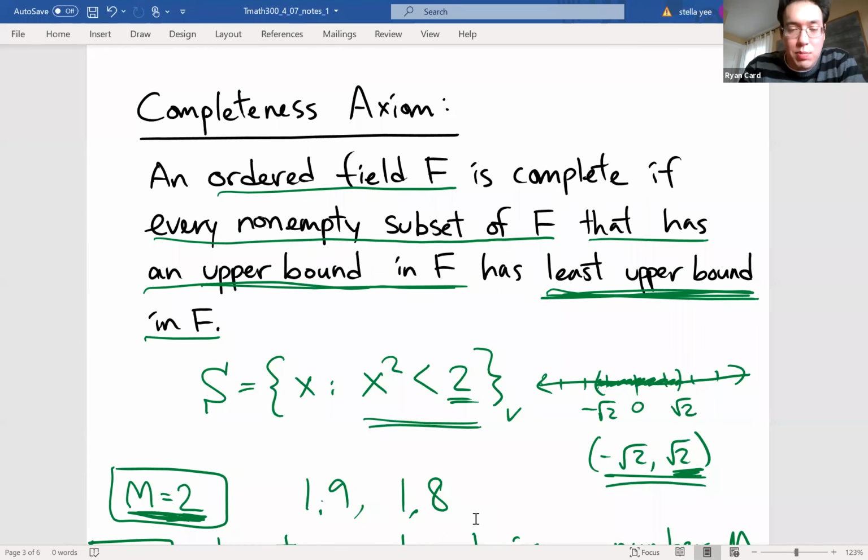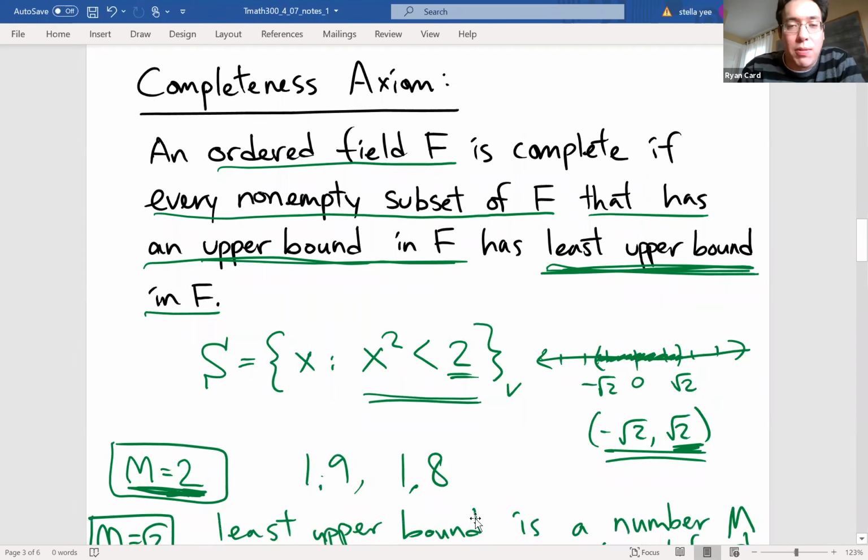If you have this property, then you can fill in all the gaps you have in real numbers. It's really needed when we start talking about things like limits of sequences.